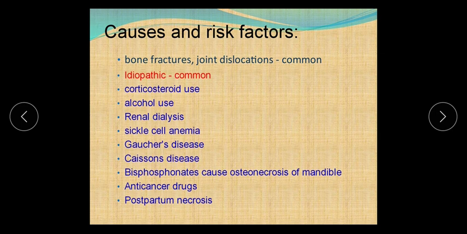Other causes are corticosteroid use, alcohol consumption, patients on renal dialysis, patients with sickle cell anemia, Gaucher's disease, Caisson's disease, and those who are on bisphosphonates. Bisphosphonates are peculiar in causing osteonecrosis of the mandible. Other causes of AVN are anti-cancer drugs, postpartum necrosis, etc.